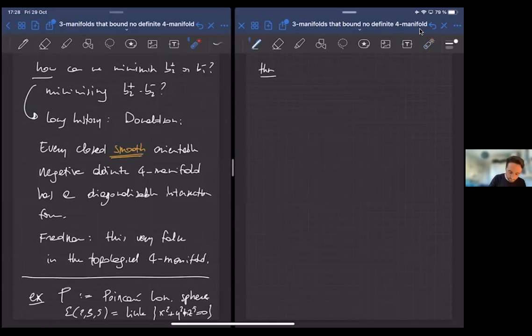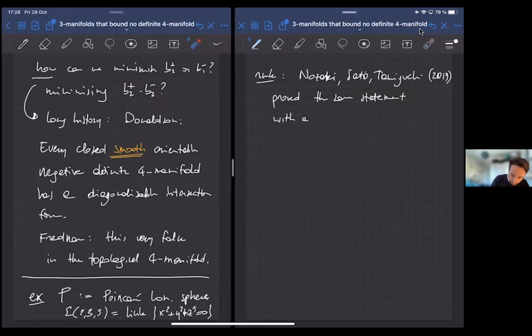Unfortunately, we're not the first to prove such a statement, but Nozaki, Sato, and Taniguchi in 2019 proved a similar statement, well, the same statement, with a slightly different manifold, which might have been something along the lines of Sigma(2,3,12k+1) minus 2P.